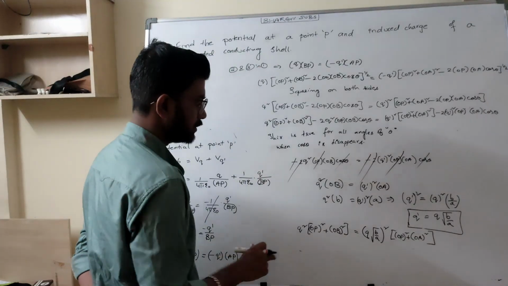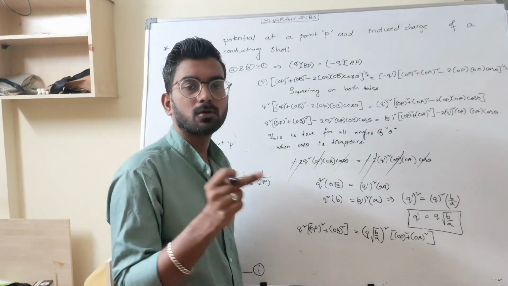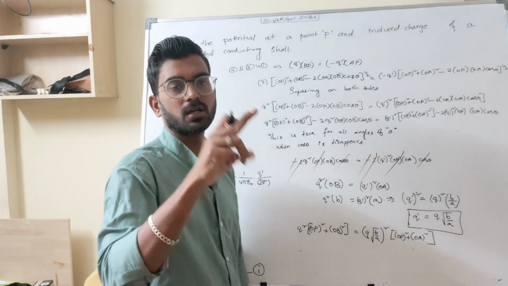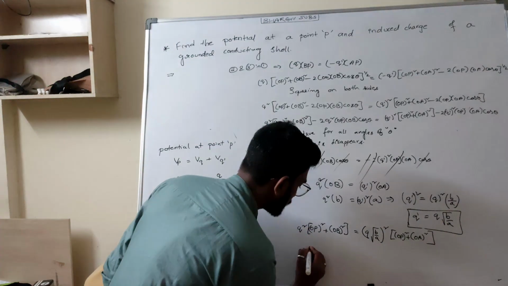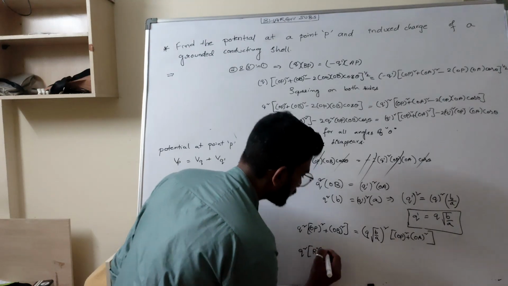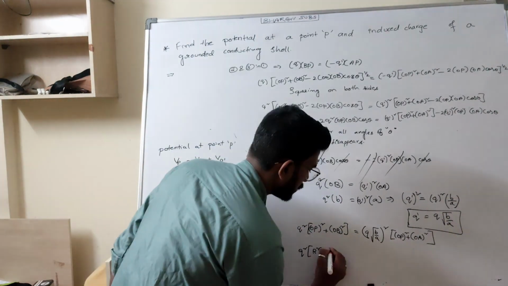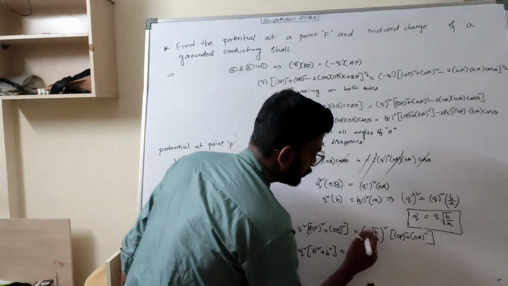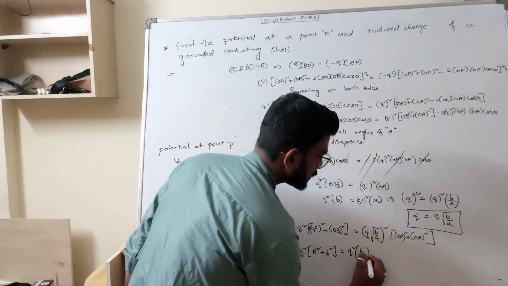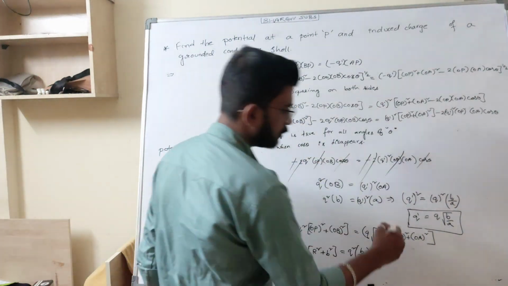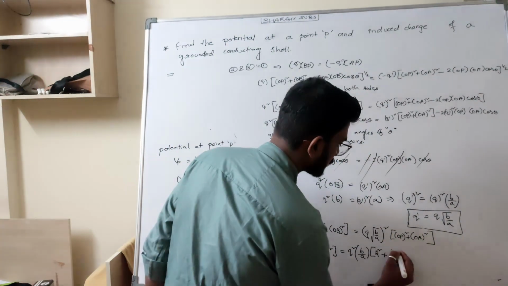Okay, so you know OP is the distance of point P from point O. We took point P on the shell, so the distance was the radius of the shell. So q square into r square plus OB square. What is OB? Small b. Small b square is equal to q square into b by a of OP, OP same here, r square plus OA, small a square.